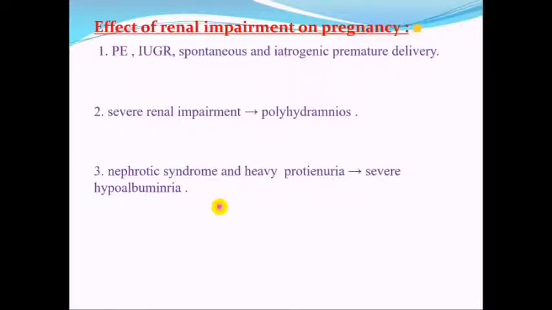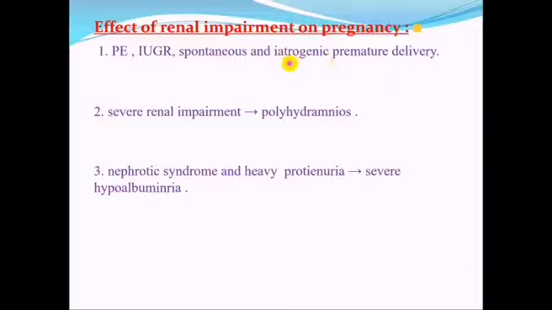Then we will discuss the effect of renal impairment on pregnancy. Females who have renal impairment and get pregnant are more vulnerable to preeclampsia, intrauterine growth restriction, and spontaneous or even iatrogenically induced preterm labor.